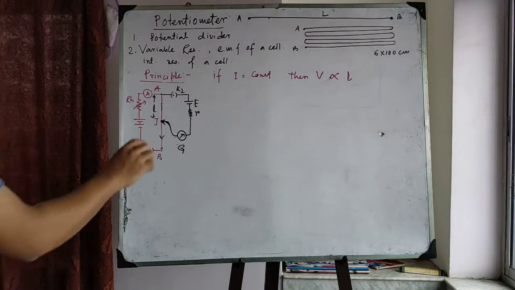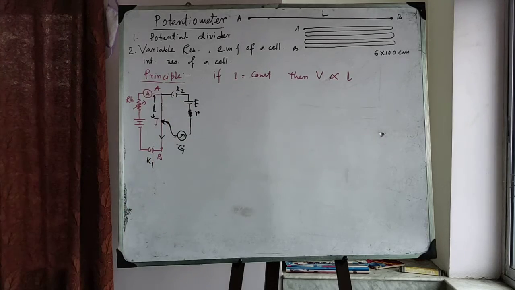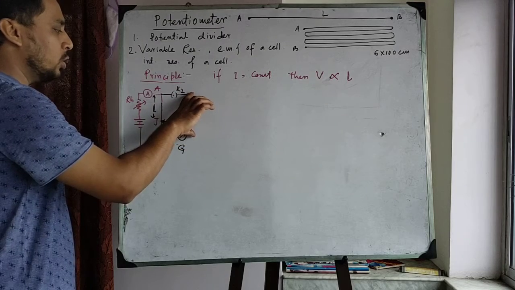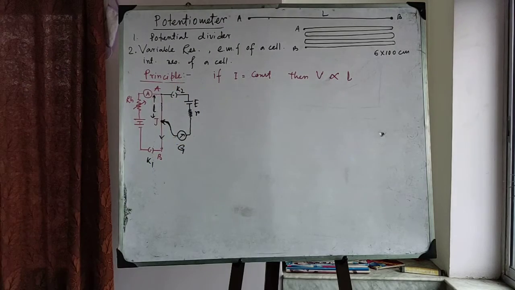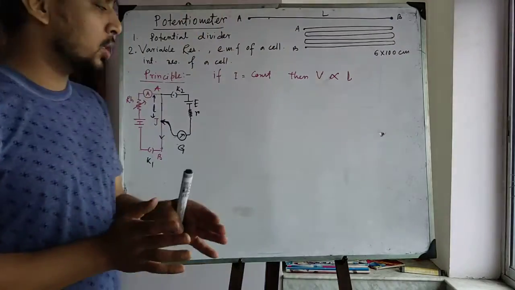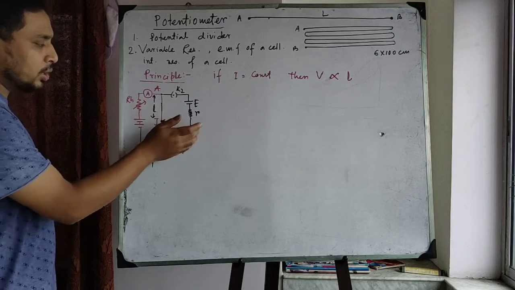That means when the potential difference across AJ becomes equal to the potential difference across the two terminals of the cell, that means the EMF of the cell, there will be no current in the circuit.